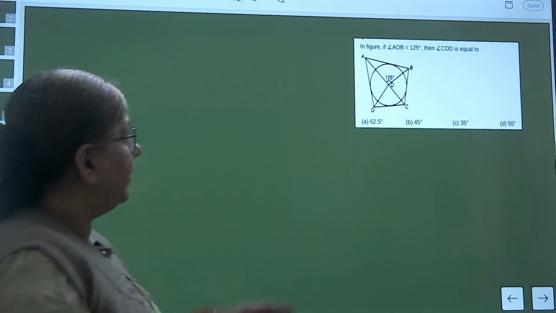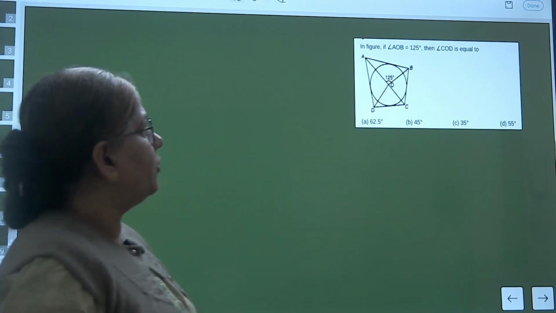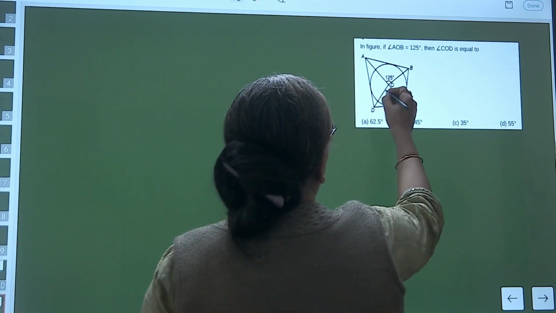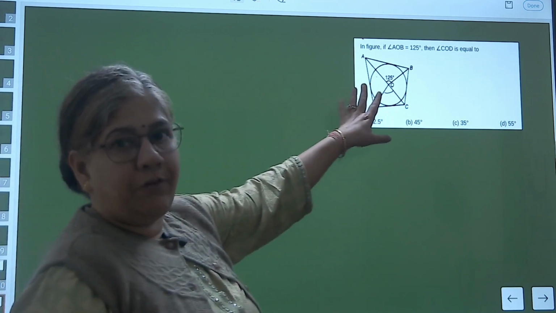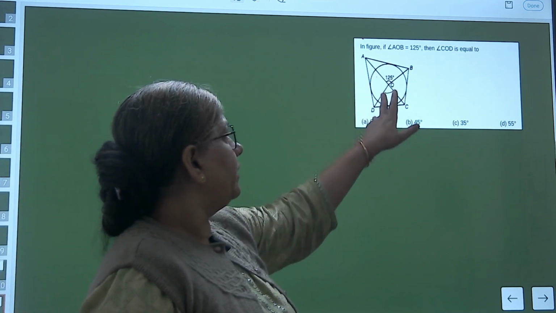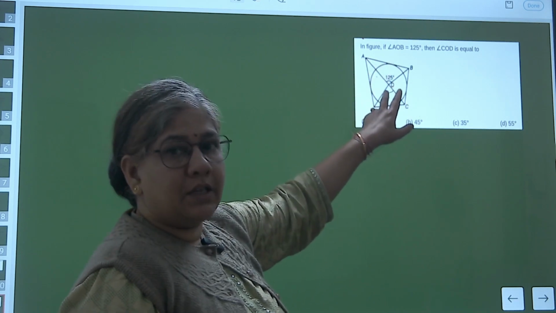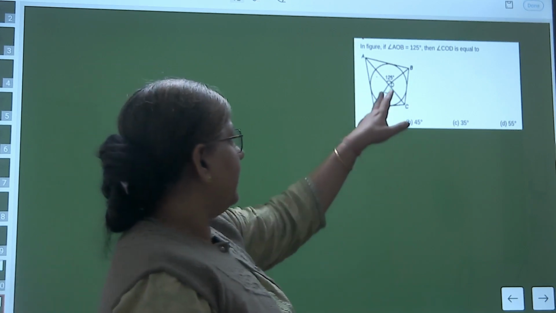See, in the given figure, angle AOB is 125 and we have to find angle COD. That is, we have to find this angle. So, using the information that opposite sides of a quadrilateral circumscribing a circle will subtend supplementary angles at the center.